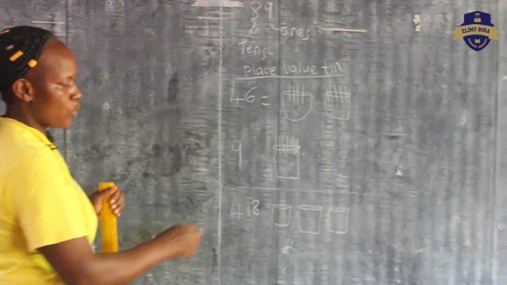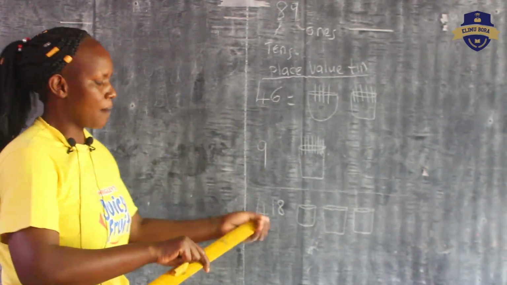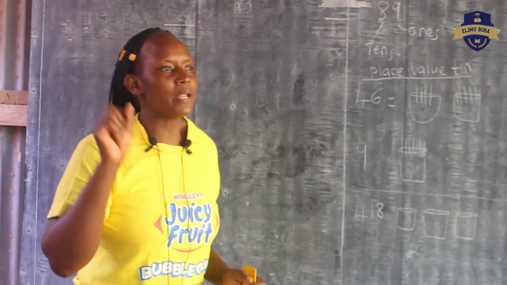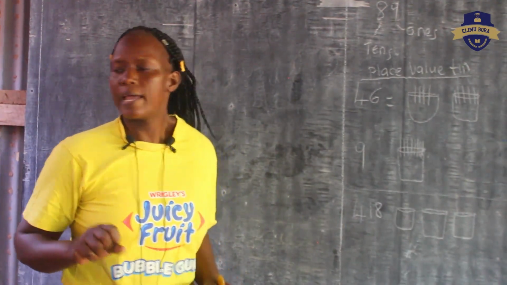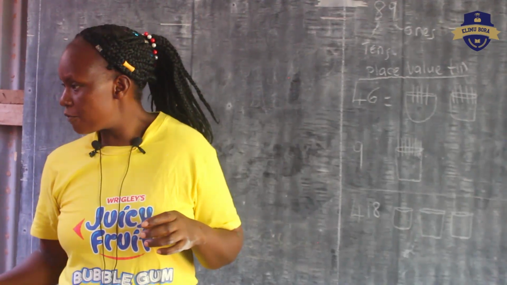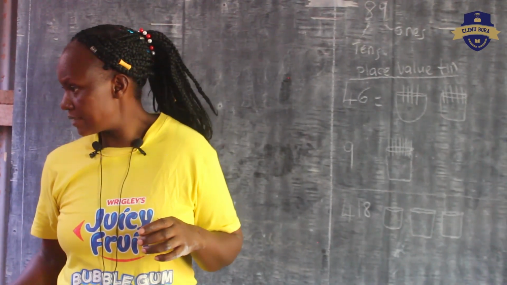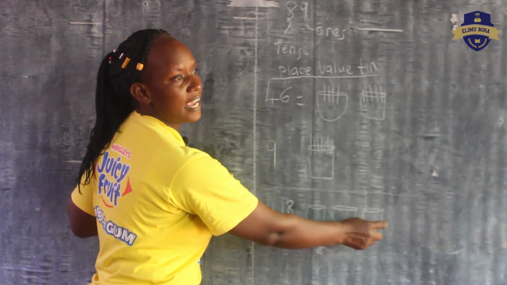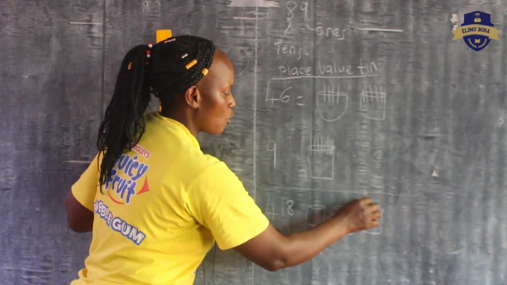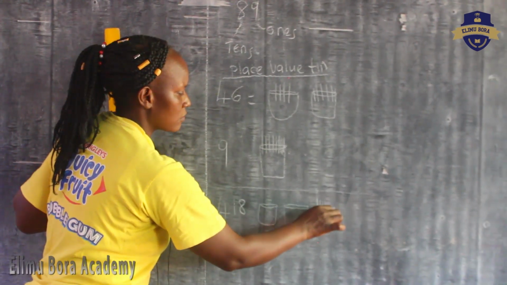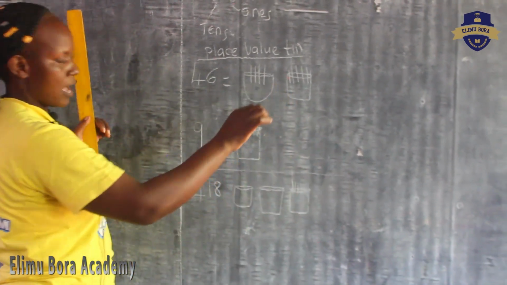Which is ones in this number? 8. The 8 is in which place value? Ones. So I'm going to draw my 8 sticks in the first tin here. 1, 2, 3, 4, 5, 6, 7, 8.